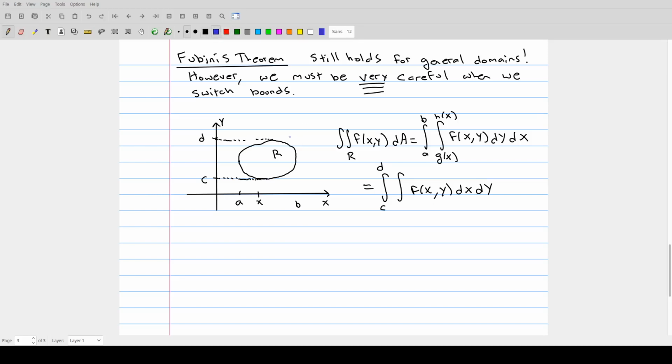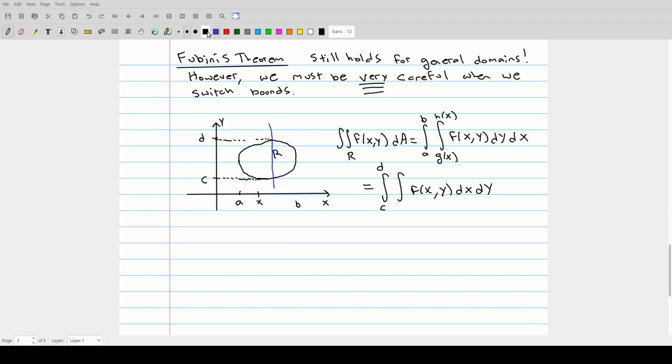But now what we have to do is split our domain again into 2 pieces, where the top of the domain, in this case now, corresponds to the left side of this blue line, and the bottom side of this domain corresponds to the right side of this blue line.